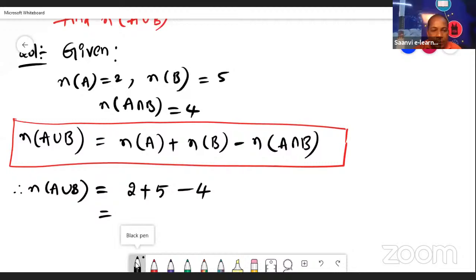So 2 plus 5 is 7, minus 4. 7 minus 4 is equal to 3. It means n of A union B is equal to 3. Okay, children, whenever asked like this, we have to find it this way.